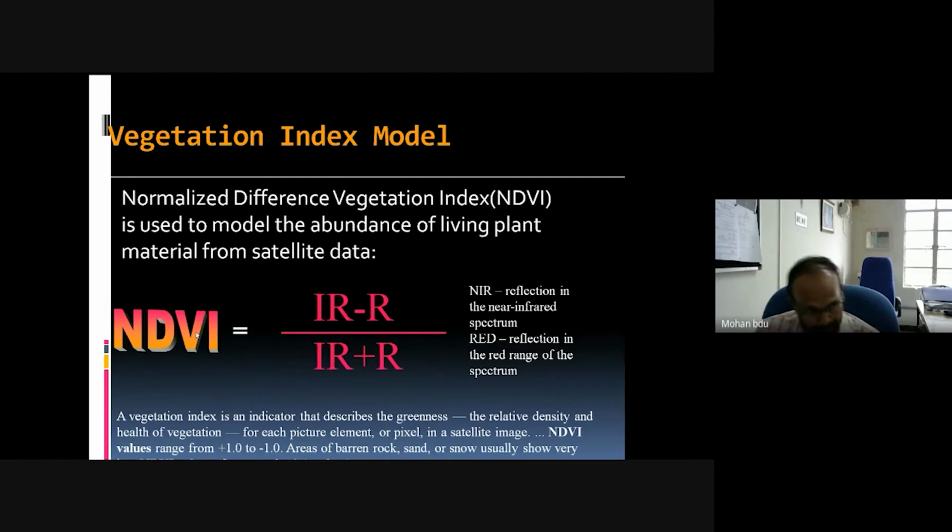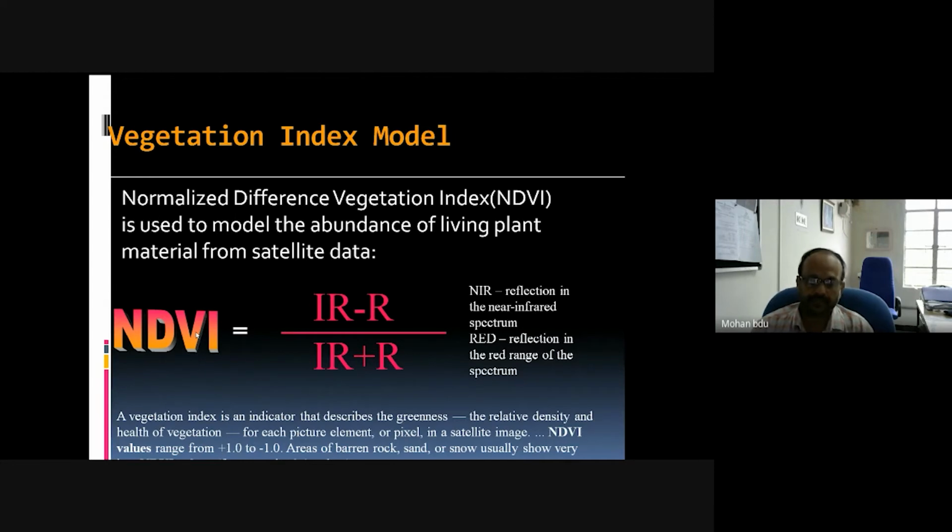Actually, while analyzing the baseline parameters such as the forest conditions, or if there is any loss of vegetation, or any change in vegetation over a period of time, the satellite imageries could give you the idea how much change had occurred over the period of time.